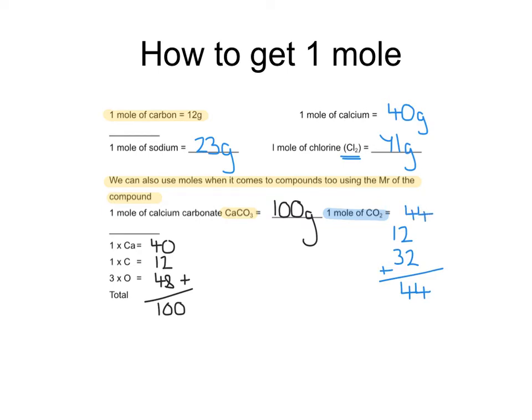So if I want a mole of carbon dioxide, I would need 44 grams. So 1 mole of this calcium carbonate, this 100 grams, and 1 mole of carbon dioxide, this 44 grams, actually contain the same number of particles, or the same number of molecules. And it's that Avogadro number, the 6.02 times 10 to the power of 23. It's a huge number of molecules or particles.